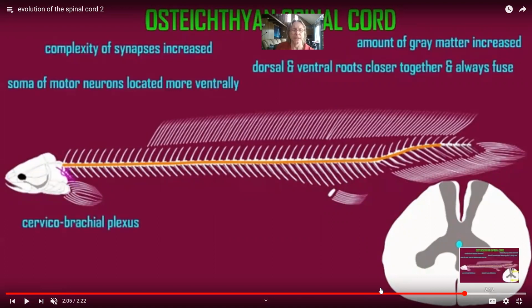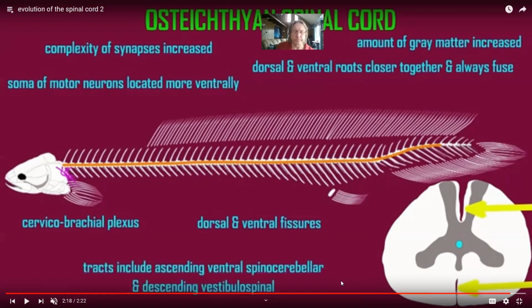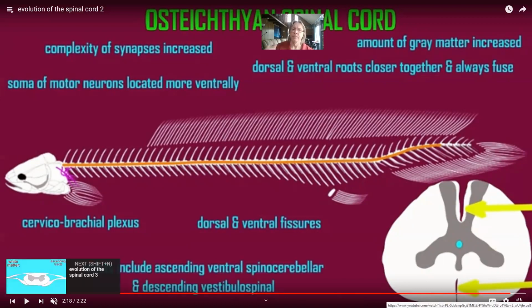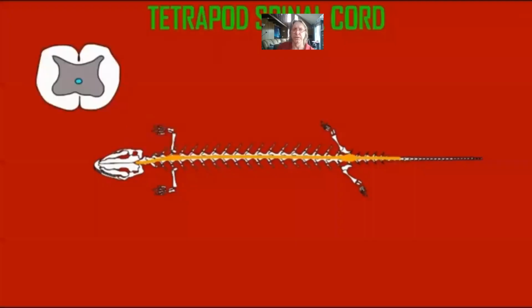And then we have a cervico-brachial plexus, dorsal and ventral fissures in the spinal cord, and a few more similarities. And so the spinal cord becomes progressively more like humans as we go from the first, primitive vertebrates to primitive jawed vertebrates to primitive bony vertebrates.